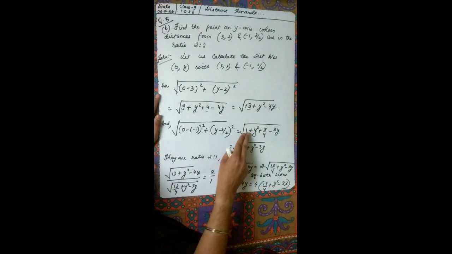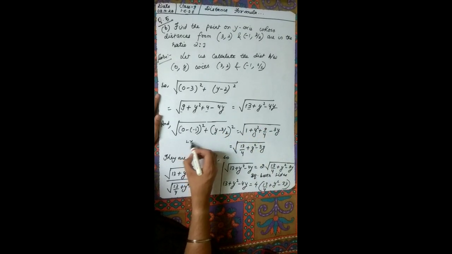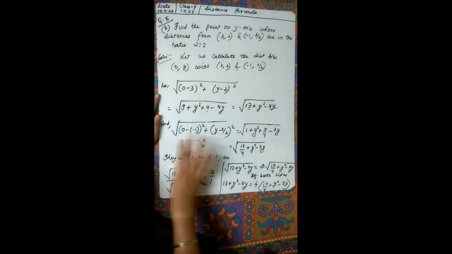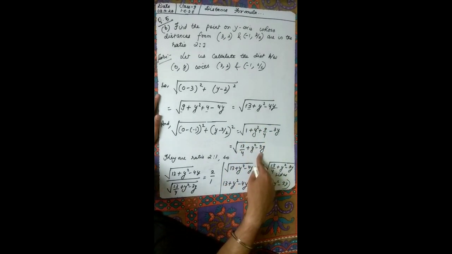It will give you 1 only, and opening this bracket we get y square plus (3/2) the whole square, which is 9/4, minus 2 into y into 3/2. 2 and 2 cancel, 3y. So that is why we have written 3y there. So 1 plus 9/4, you will get 13/4 plus y square minus 3y.